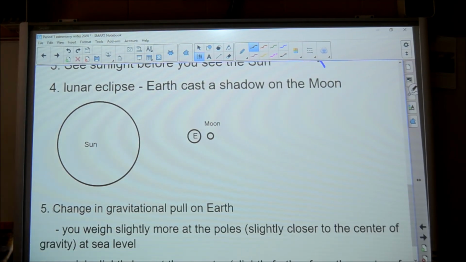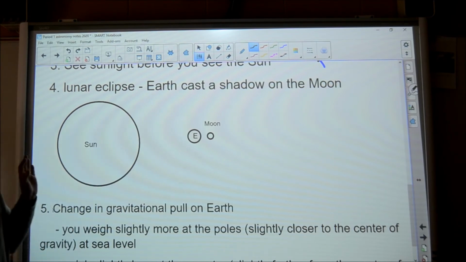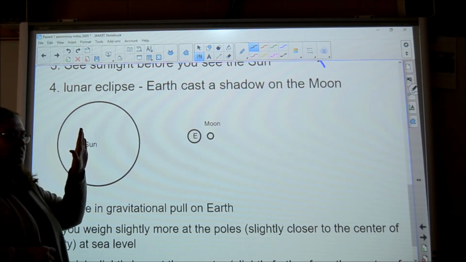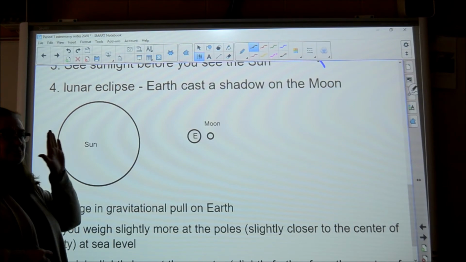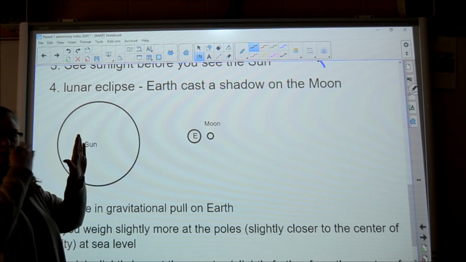Then the next one is a lunar eclipse. The Earth is casting a shadow on the moon. So here's the sun. Just like if you took a light without a shade on it and you projected it onto an object, the object on the side that the light is will be illuminated or lit.